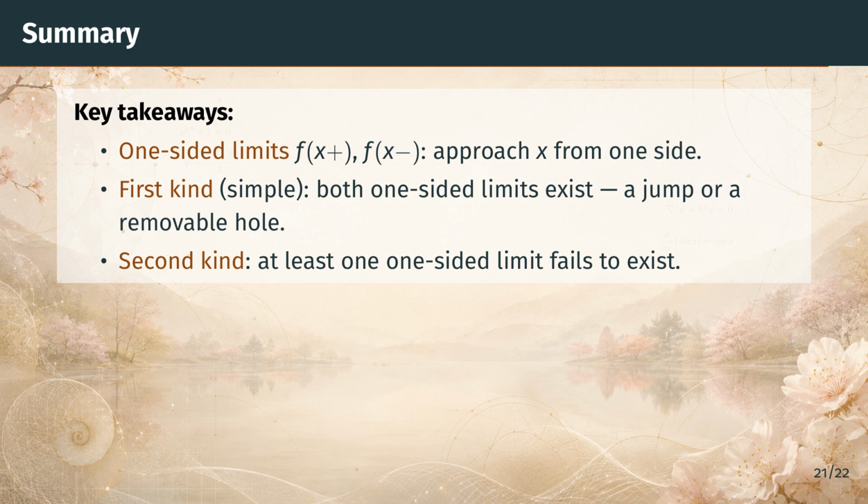Everything else is a discontinuity of the second kind. At least one of the one-sided limits fails to exist. The Dirichlet function and sine of 1 over x gave us vivid pictures of this, oscillations so violent that no one-sided limit can form. These are the wild discontinuities.